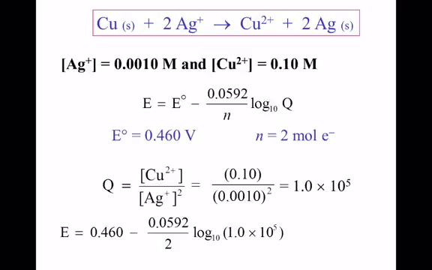So it's the same as it was before. At these non-standard conditions, it's the standard condition cell potential, 0.460 volts, minus 0.0592 divided by 2, the moles of electrons, times log of Q, which in this case was 1.0 times 10 to the 5th.